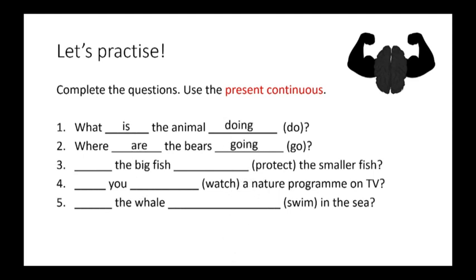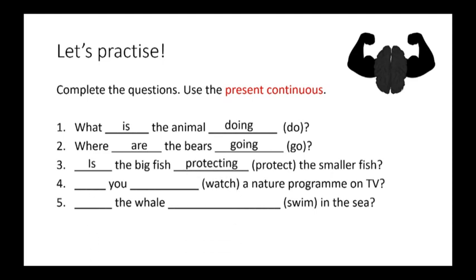And the next one, here we have the solution already. Where are the bears going? The bears are plural. The third one, the big fish. The big fish is it, right? So third person singular.